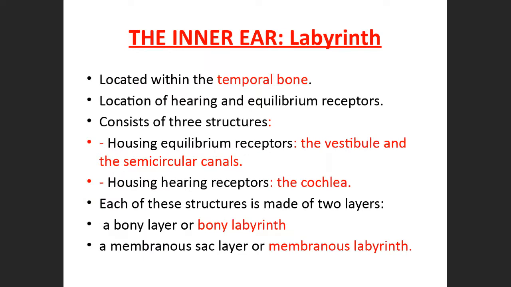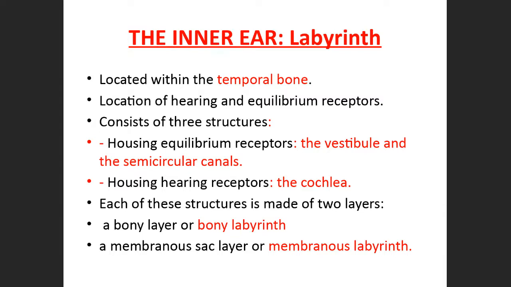Okay, the inner ear is really where everything is happening. First of all, it is located inside the temporal bone. If you go back to last semester, when we were looking at the temporal bone, on the interior aspect of the bone, inside the cranial cavity, there was a little bump called the petrous region.